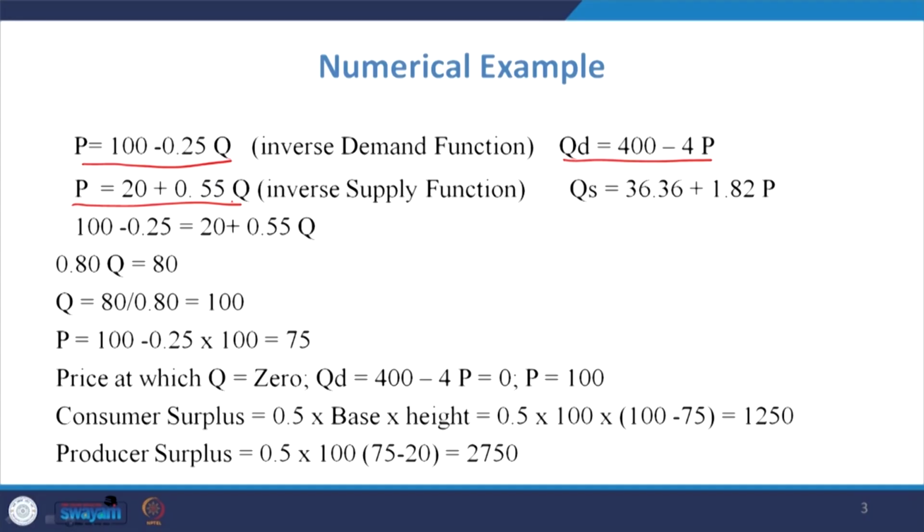If you differentiate this function with respect to Q, then this partial derivative is known as the slope of the supply curve, and this is constant, indicating that there should be a minimum price which is necessary for a producer to supply the goods in the market, and that minimum price actually depends upon the fixed cost.